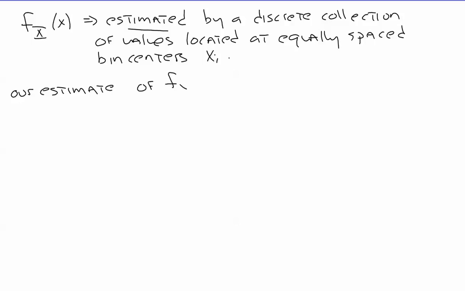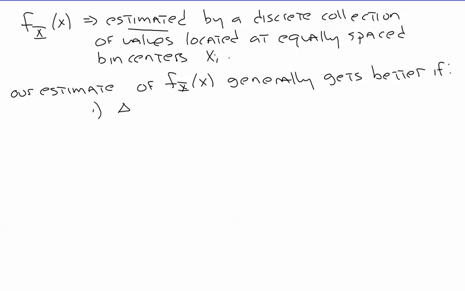My estimate of the probability density function generally gets better if my bin width decreases. If we use smaller bins, we'll get finer sampling across my probability density function.